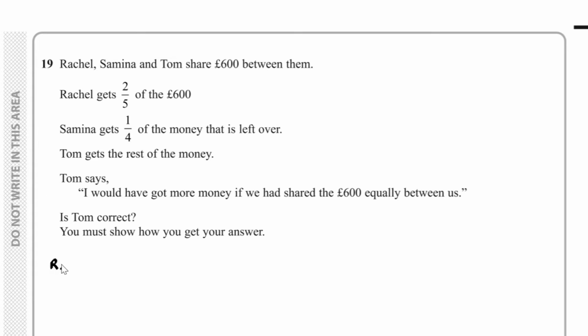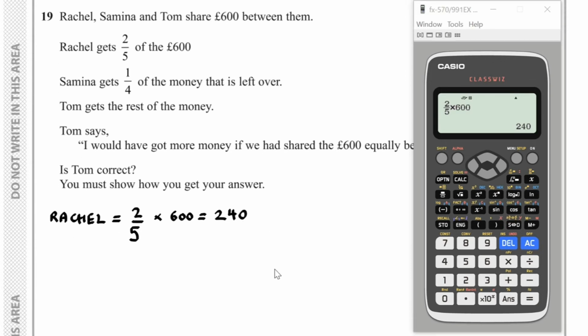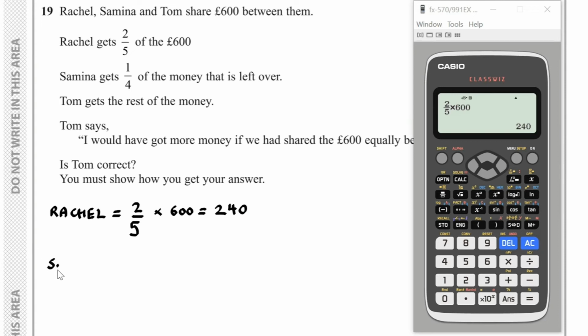So if I take a look at how much Rachel gets, she gets 2/5 of 600. So if I work this out, I've got 2/5 times 600, which is 240. So I've got £240 for Rachel. If I take a look at Samina, she gets 1/4 of the money that's left over.